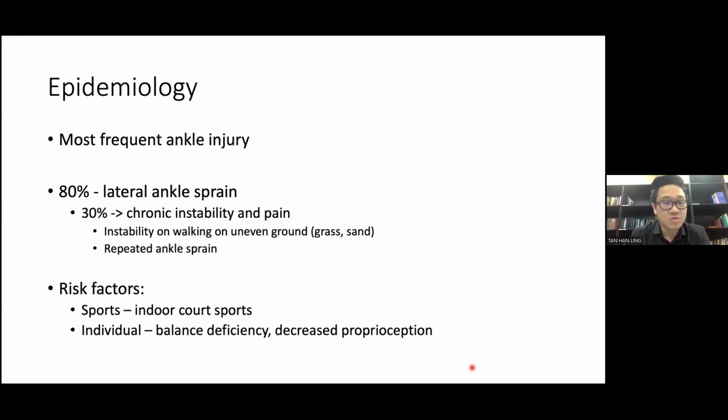This is a bit difficult to measure, but simply put, it usually applies to a normal office worker who suddenly one fine day decides to go for competitive sports without any training. Proprioception and balance deficiency come in a progressive manner, and it requires a certain amount of training to get those feelings back.